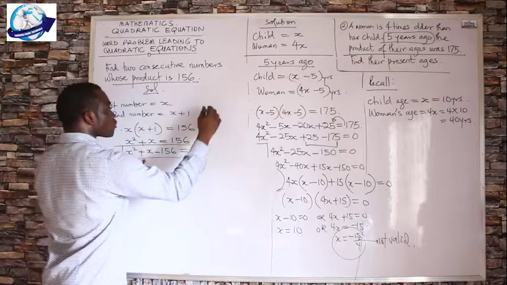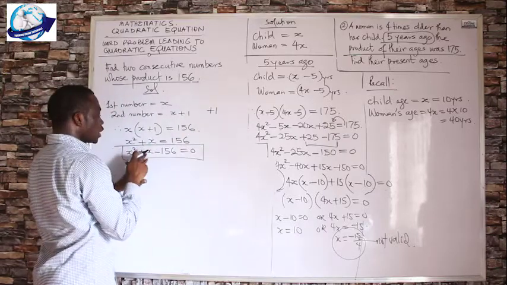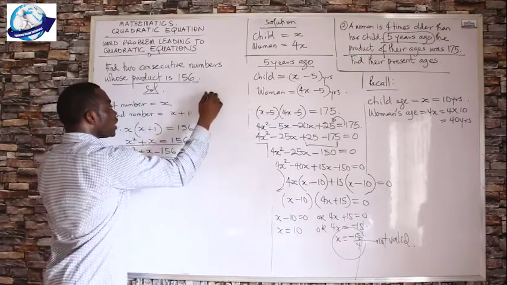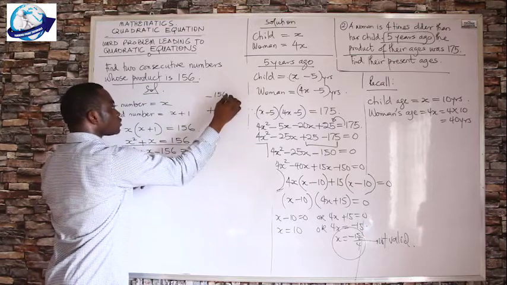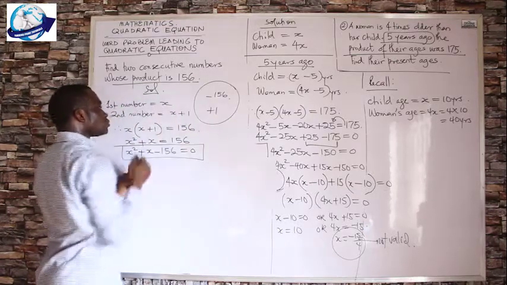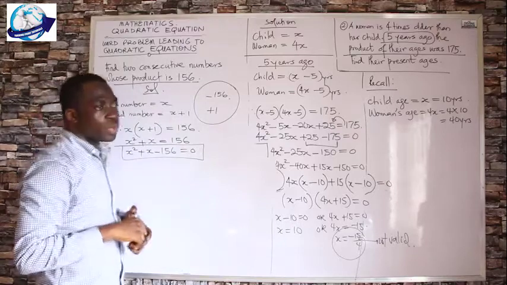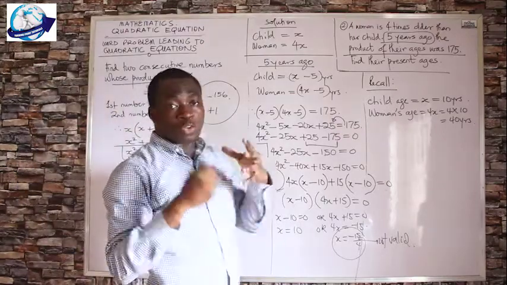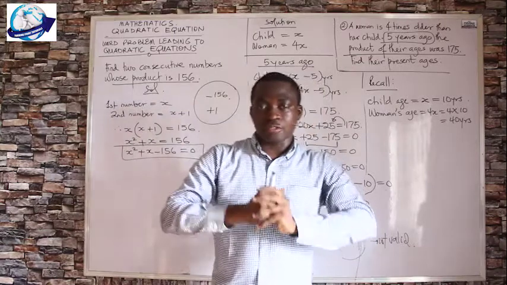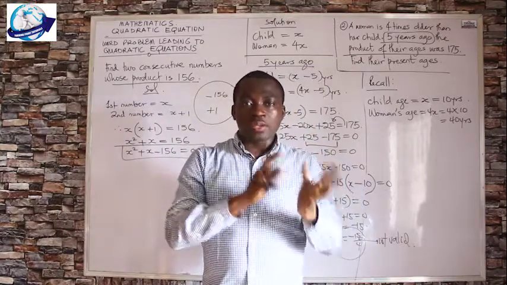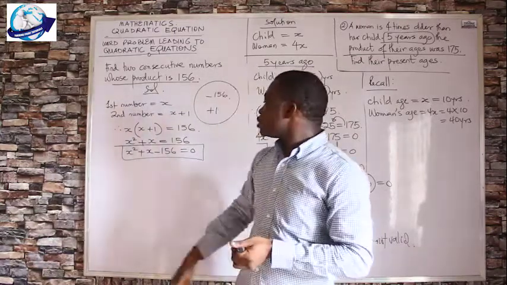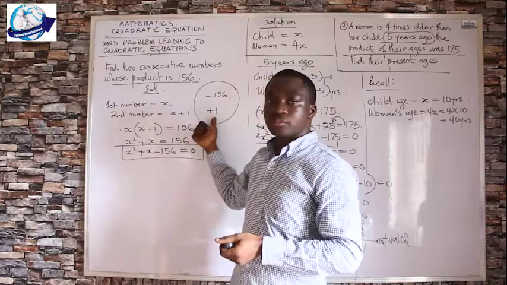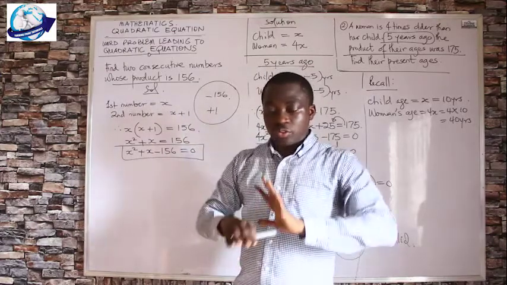That's 1, plus 1, this side. Then the constant is minus 156. So find two numbers. When you multiply them, you get minus 156, and when you add them together, you have your value here, plus 1.